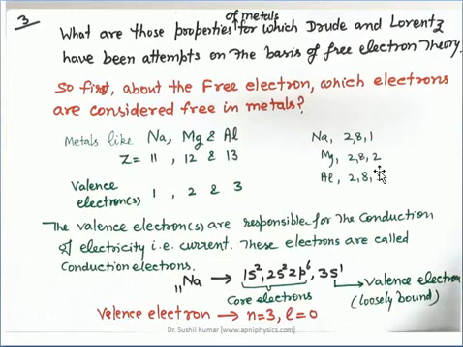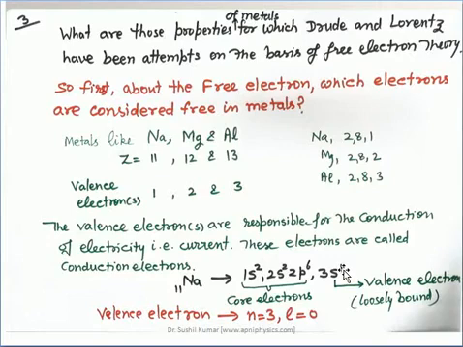So these electrons are called conduction electrons. If I write here the electronic configuration of sodium, these 1s2, 2s2, 2p6, these 10 electrons develop a core of the sodium atom, and one is this outermost orbit electron, which is very loosely bound with the nucleus and is a valence electron also.